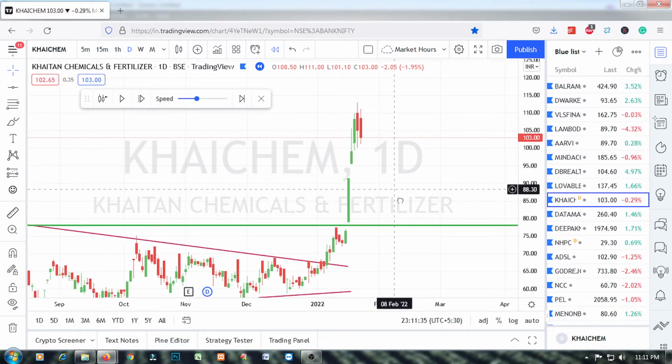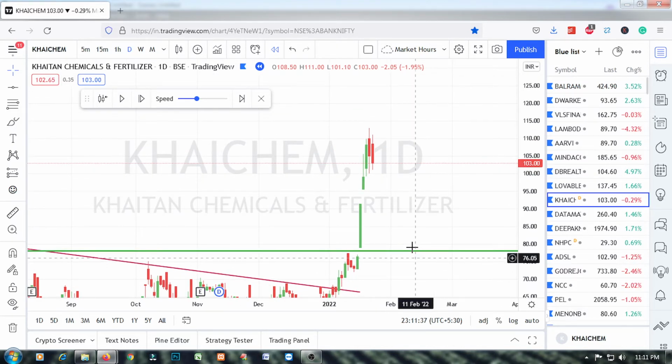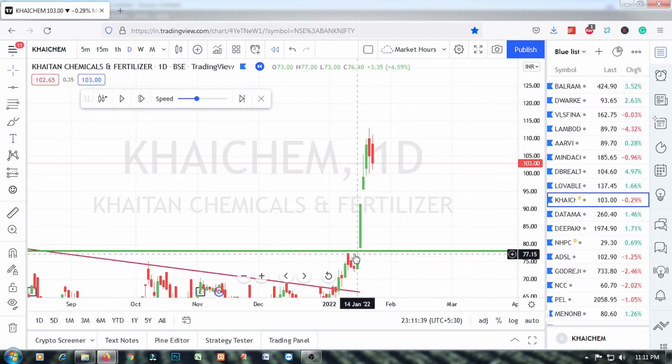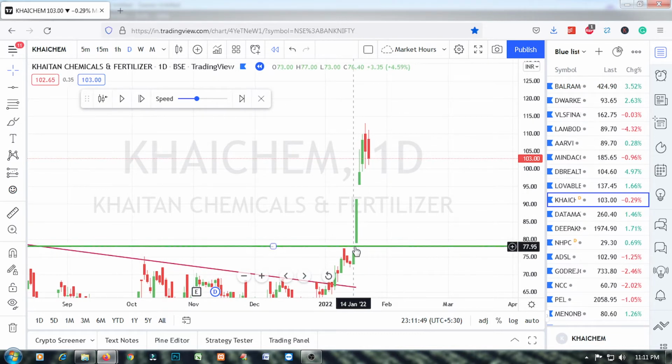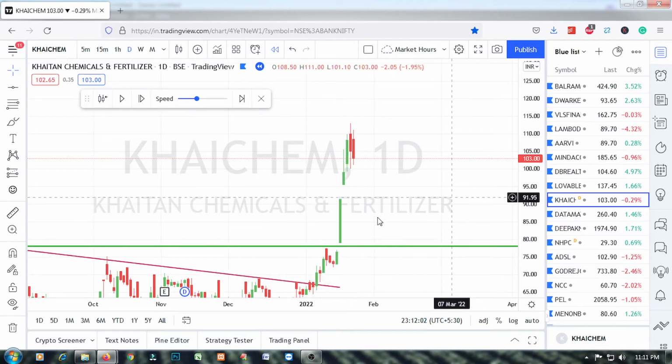Now let us look at the exit point. This is the point where you have exited, but is there any bearish sign at your target price? No. There is a lot of chance to go higher, so you can even wait over here. No need to exit over here unless it forms a strong bearish candle.